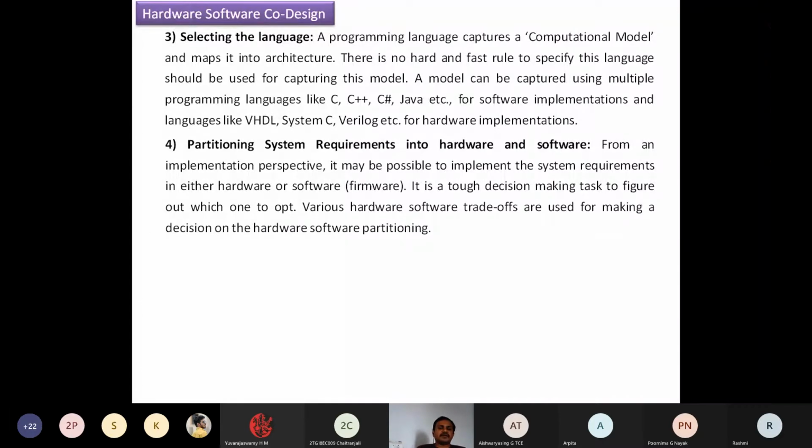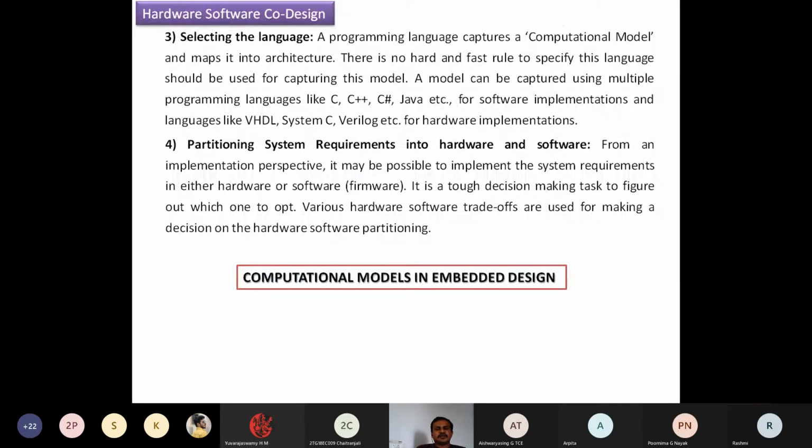Various hardware software trade-offs are used for making a decision on hardware software partitioning. Based on the system requirements, it is a little bit confusing which part is used as hardware and which part is going to be used as software.